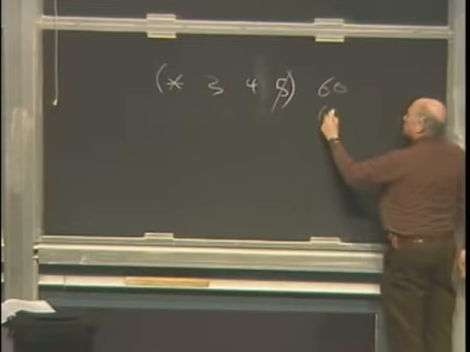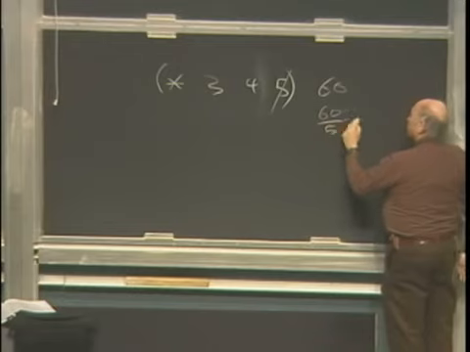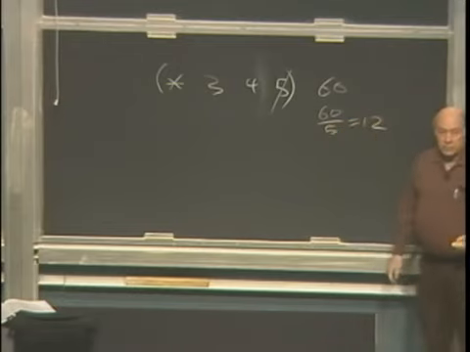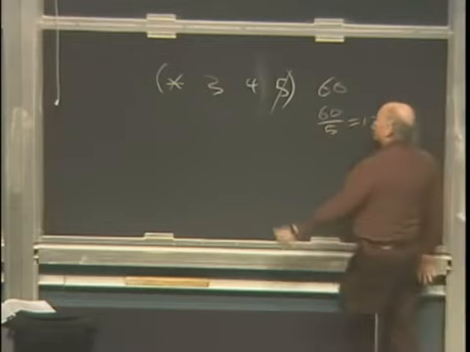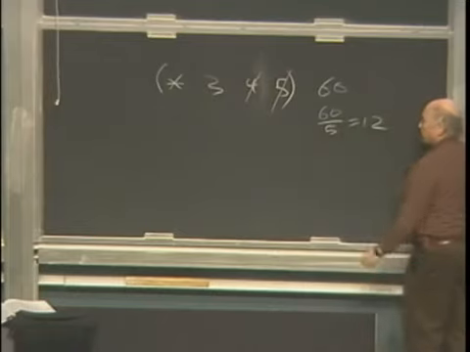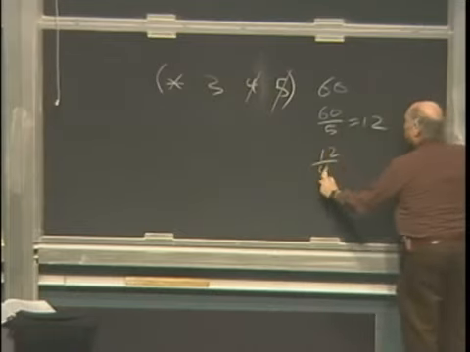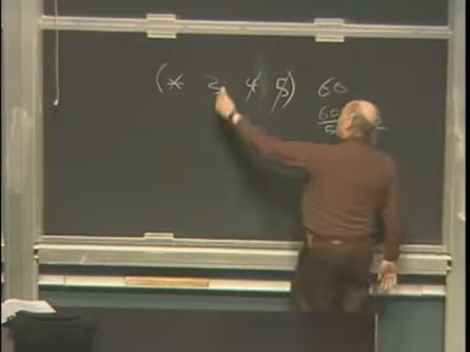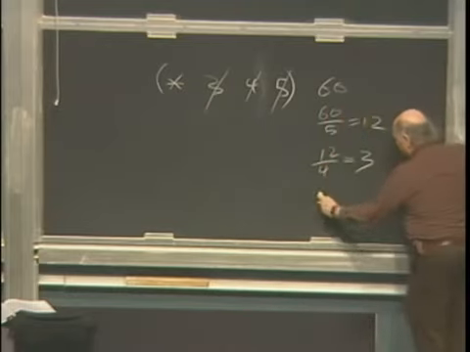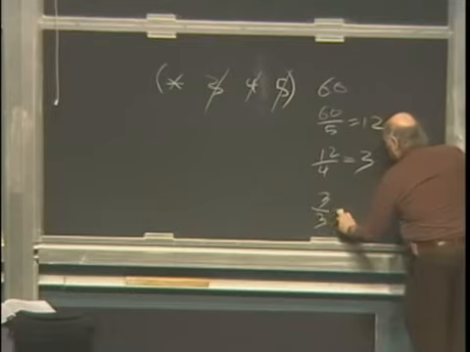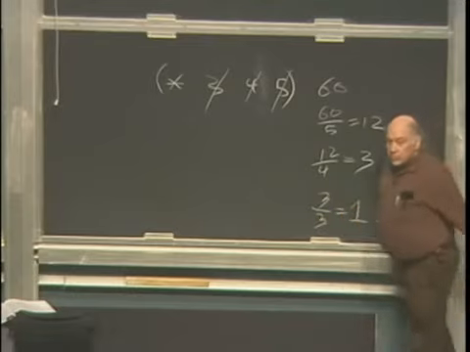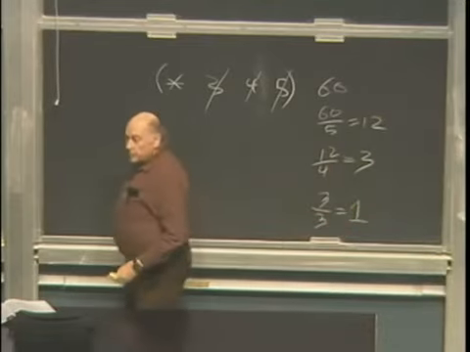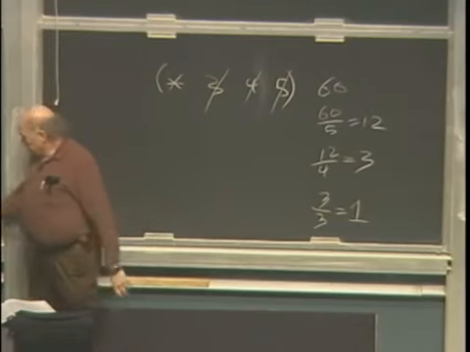Now the value is 60 divided by 5, which is 12. I'm going to cross off the 4. I'm going to get 12 divided by 4, which is 3, right? Now I'm going to cross off the 3. So in order to behave consistently, it has to return the identity element.